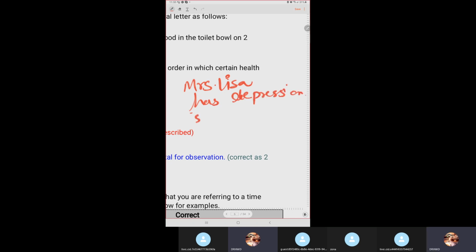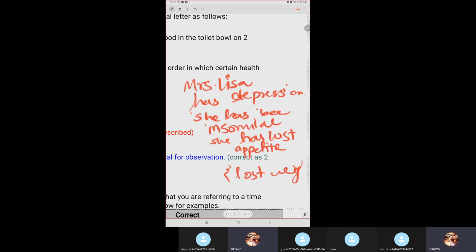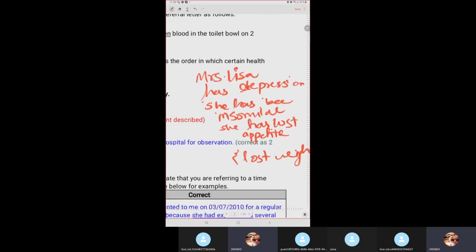She has insomnia, or I'm saying that she has been insomniac. She has lost appetite, and lost weight, right? So what I'm saying here is that there is this patient named Mrs. Lisa. She has depression. She has been insomniac. She has lost weight and lost appetite. Can any of you tell me what happened first?